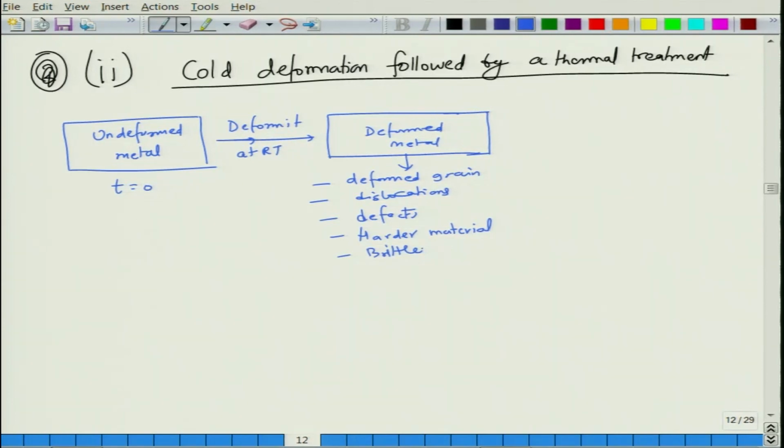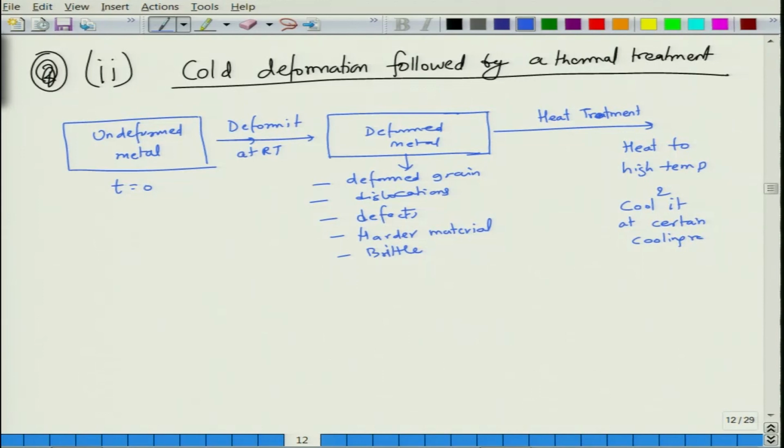And so what you need to do is that the deformed metal is then subjected to heat treatment. Heat treatment is a process in which you heat to high temperature and then cool it at a certain cooling rate. So you might start with the grain structure which was like this, and the grain structure after deformation becomes elongated.